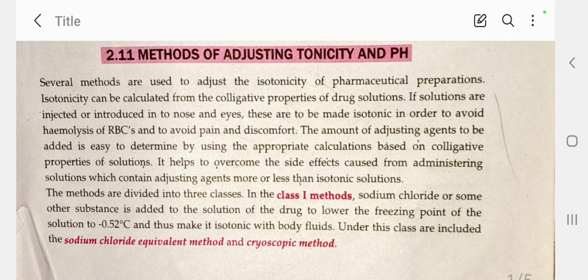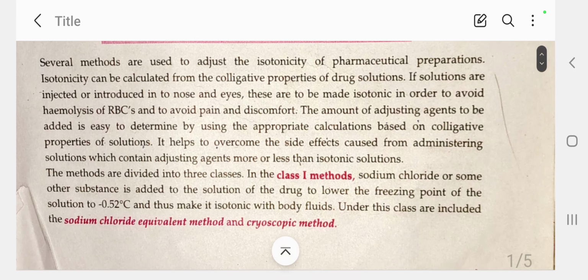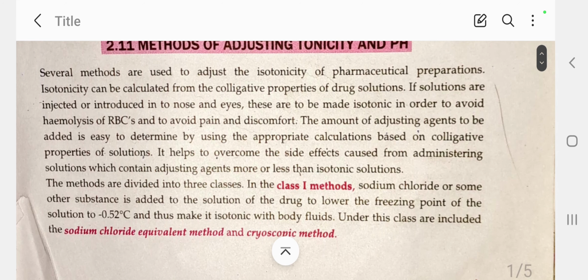It mainly helps to overcome the side effects caused from administering a solution which contains adjusting agents more or less than isotonic solution. So what are all the methods to be used to adjust the isotonic solution? Let's see one by one.